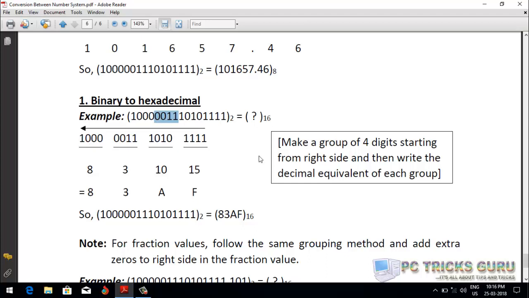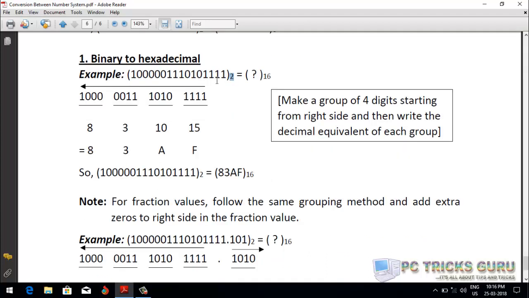After converting these groups into decimal equivalents, we get 15, 10, 3, and 8. So 8 and 3 are fine, but in the hexadecimal number system, 10 is represented as A and 15 is represented as F. So the final hexadecimal equivalent for this binary value would be 83AF.